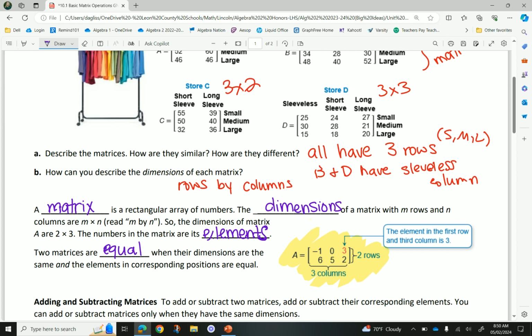If you use any outside resources, elements can also be called entries or positions. So if you use anything else, those words typically correspond to each other. Dimensions and the size of a matrix are referring to the same thing.